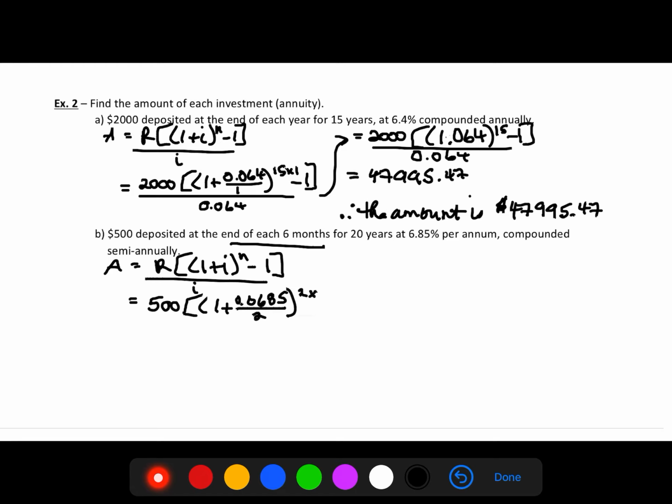So we're going to have 500. Our interest rate is 0.0685, but we have to divide that by 2. And our N, we're going to multiply 20 times 2.